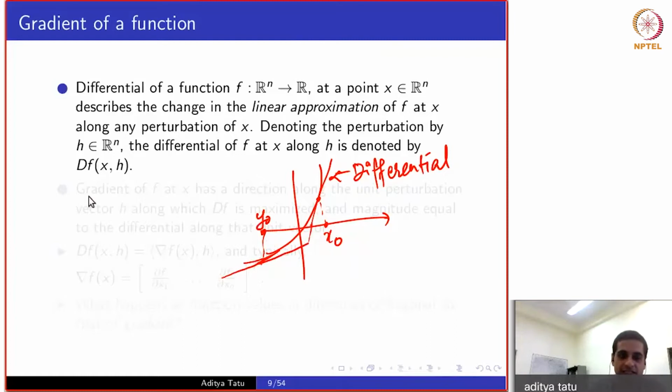And the notation is df(x)(h). x means at what point are you trying to linearly approximate this function, and h is, if I deviate from this x0 by a small step, let's call it h, then the differential of f at x with the value h gives you how much the linear approximation to the function has changed.